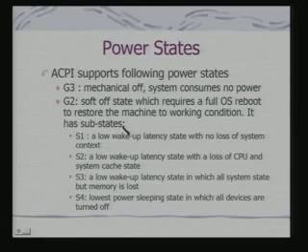It can have several substates, S1, S2, S3, S4, depending on how much information is retained. For example, S2 is a low wake up latency state without loss of CPU and system cache state. That means if the system has to reboot or reinitialize, it knows what kind of system context information is available. So it's not processor dependent, but a processor independent characterization of the power states.